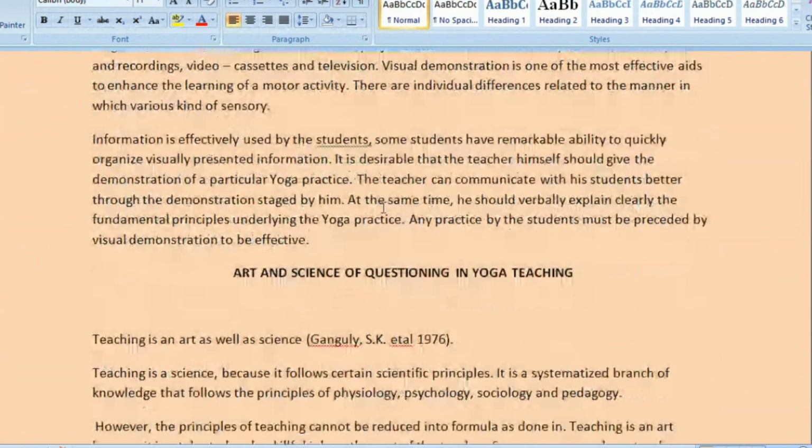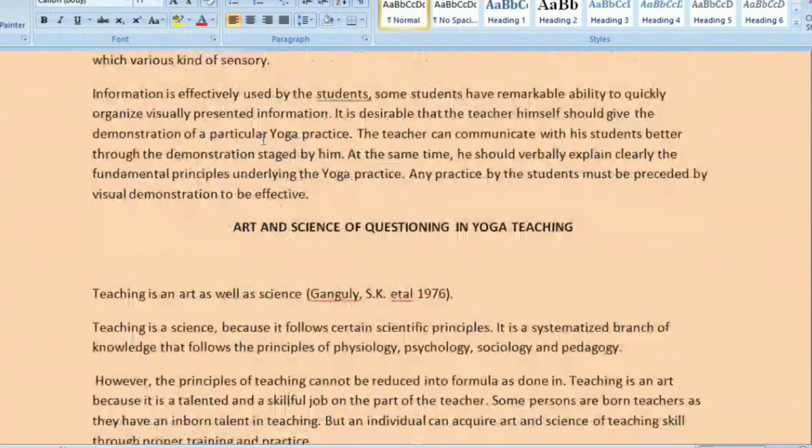There are individual differences related to the manner in which various kinds of sensory information are effectively used by the students. Some students have a remarkable ability to quickly organize visually presented information. It is desirable that the teacher himself should give the demonstration of a particular yoga practice.